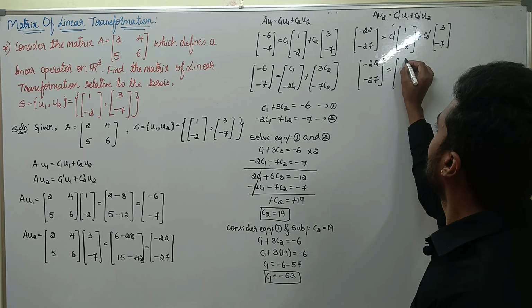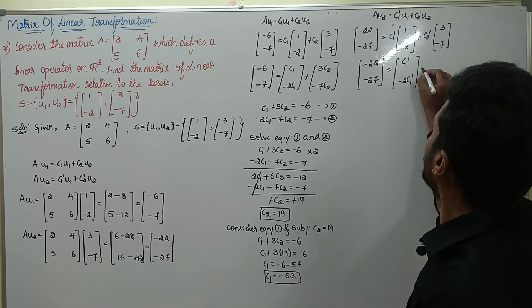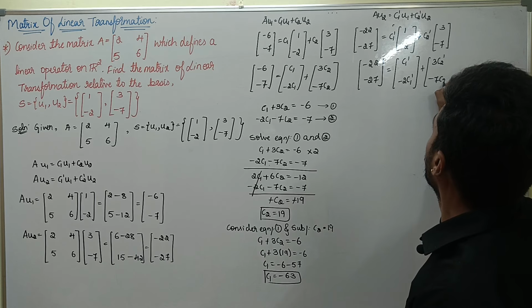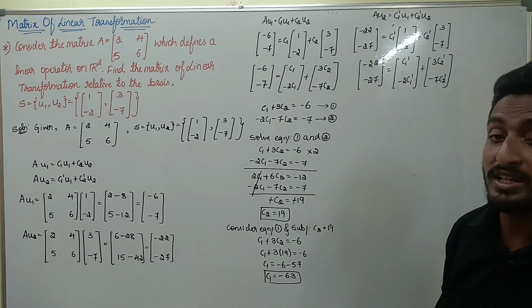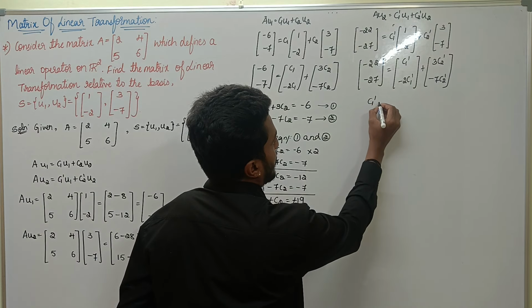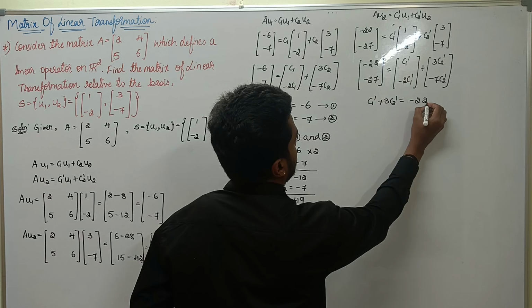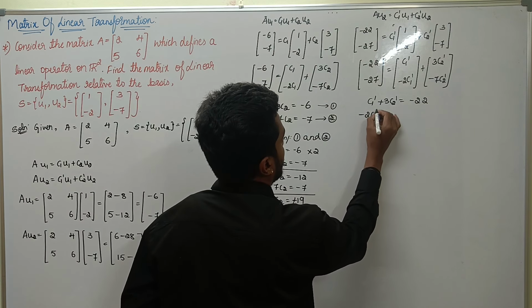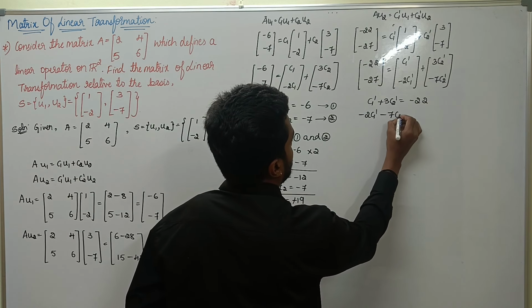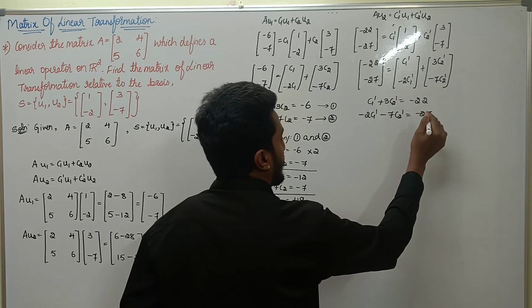which is equal to C1 dash minus 2 C1 dash plus 3 C2 dash minus 7 C2 dash. Represent this in the linear equation form, that is C1 dash plus 3 C2 dash is equal to minus 22, and minus 2 C1 dash minus 7 C2 dash is equal to minus 27.